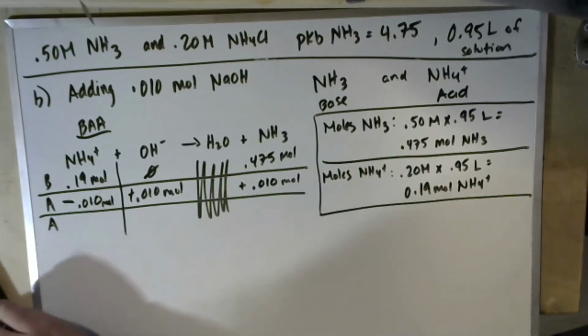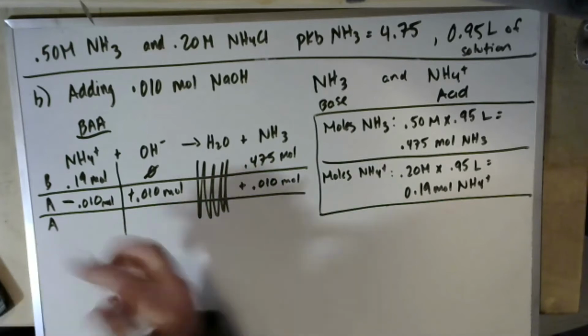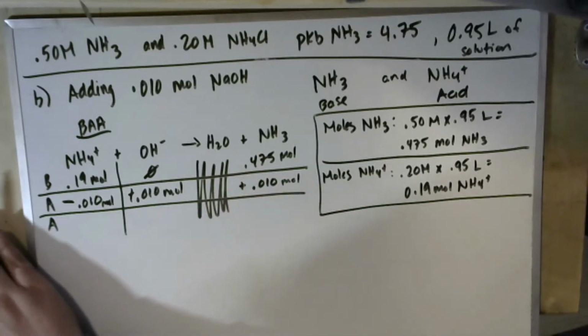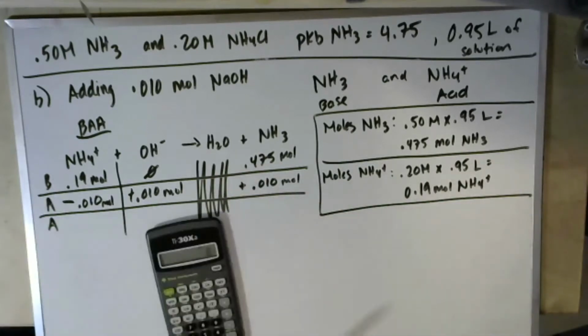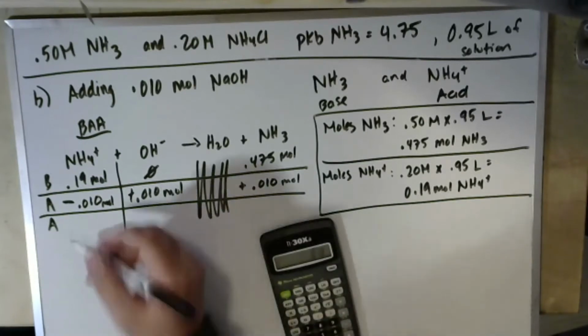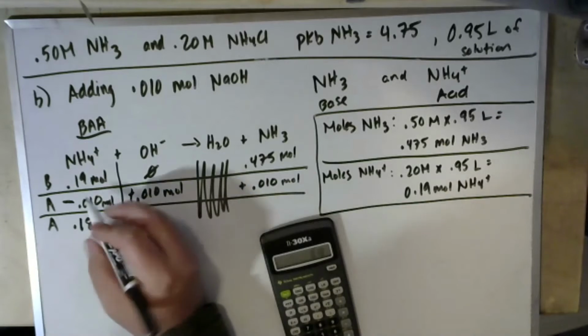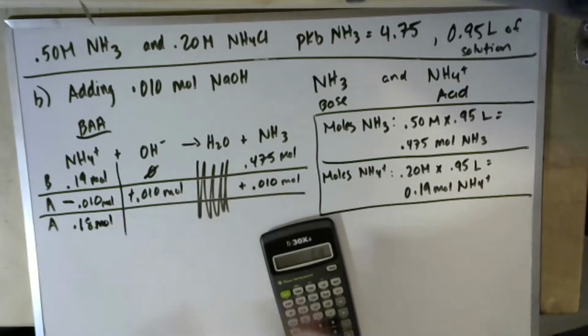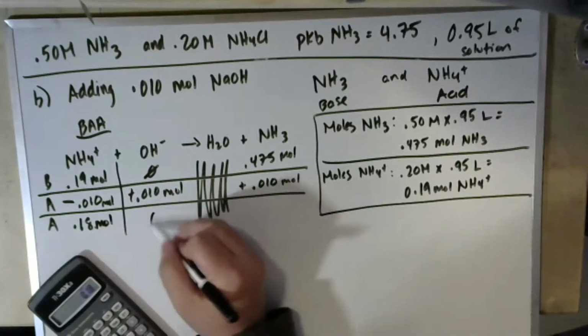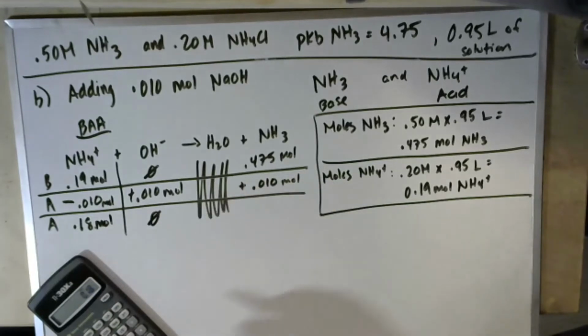Okay. So we're going to have 0.18 moles of the NH4 plus left. We're going to have no hydroxide left.